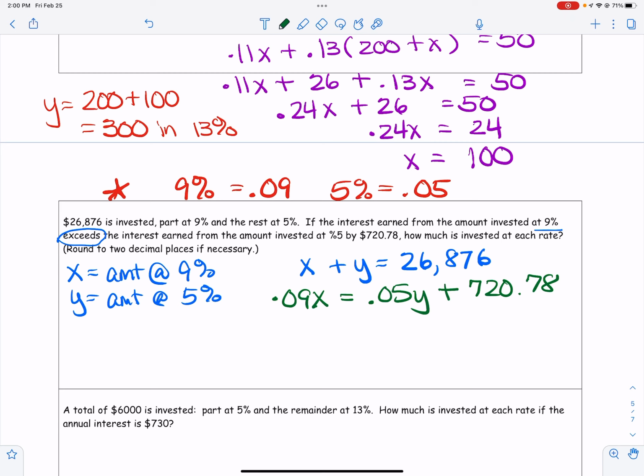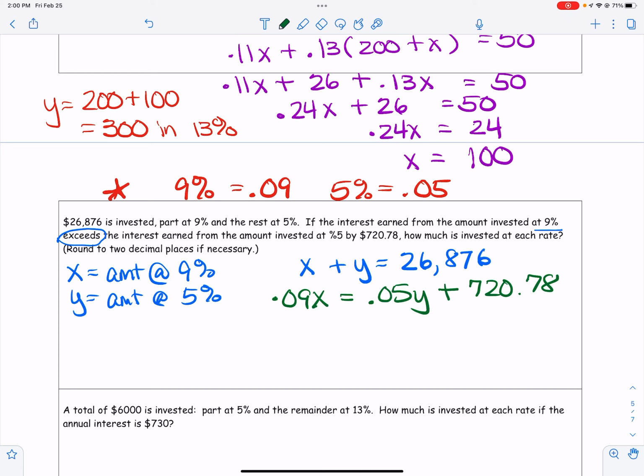Remember, the interest always goes with the percent as a decimal. Now you could use substitution, or you could set up your equation so that you could use elimination. I think that's the easiest way.